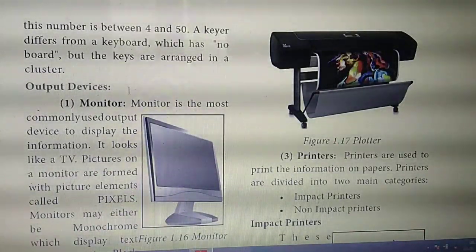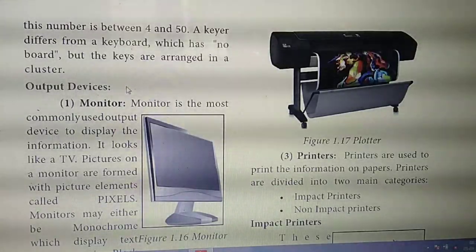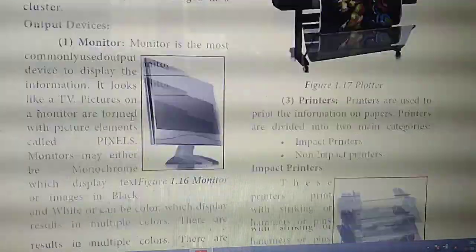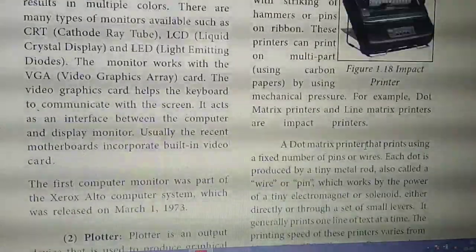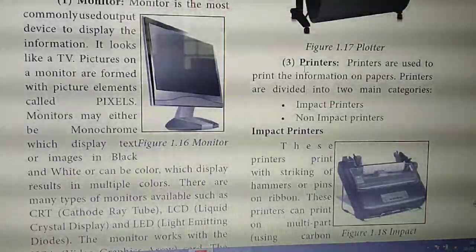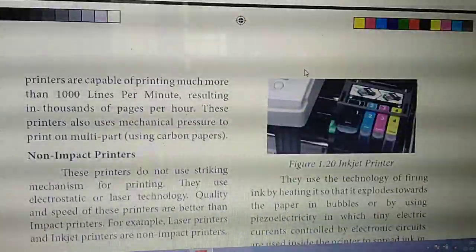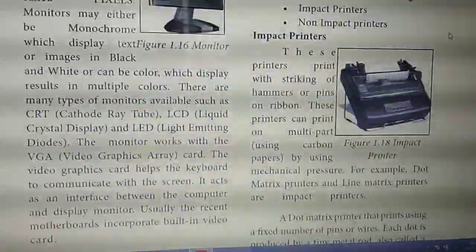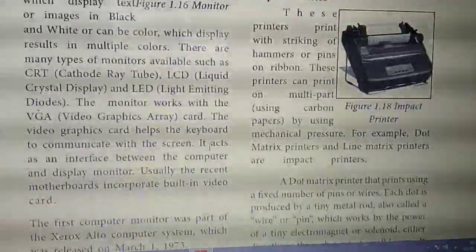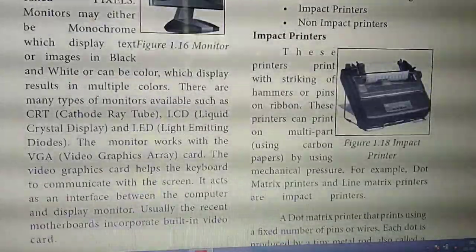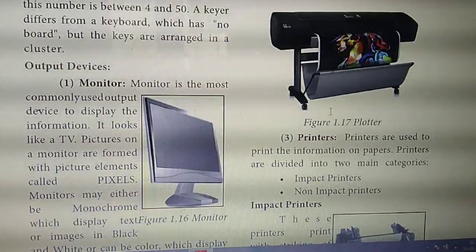So any 3 output devices, they asked any 3. From here, any 3 headings you write. Monitor, plotter, heading, plotter, then printers. The 3 enough, okay. They asked only 3, no? You're right. Monitor, then heading, plotter, then printers.